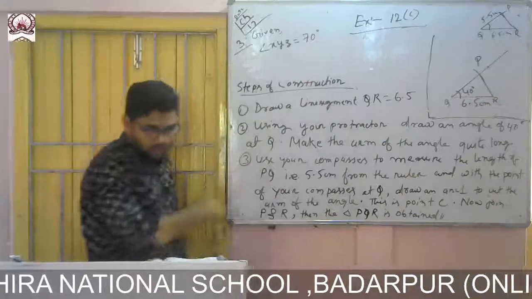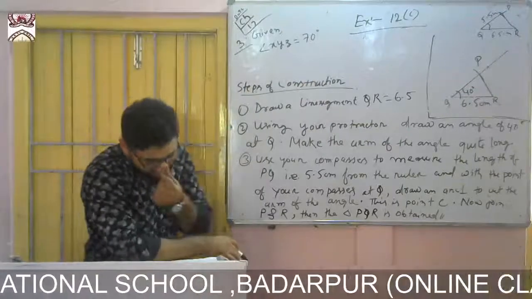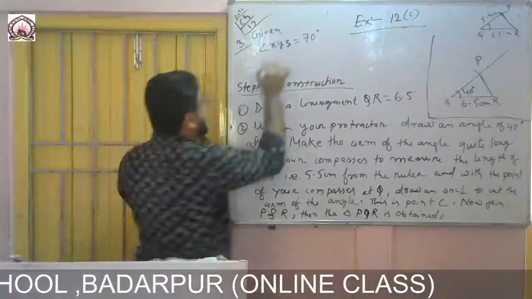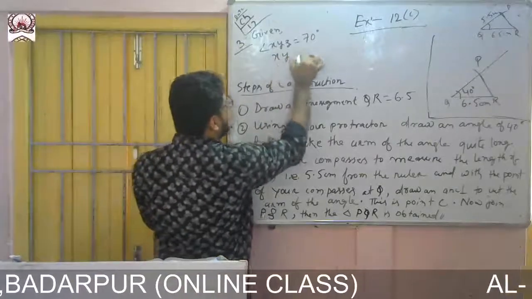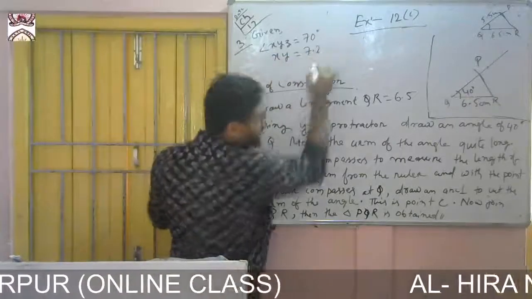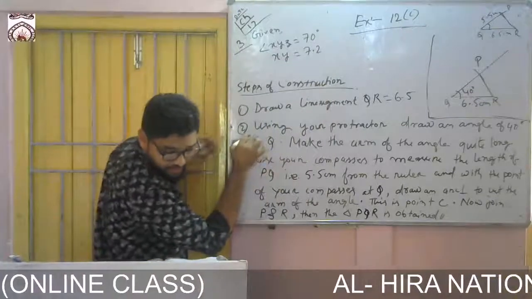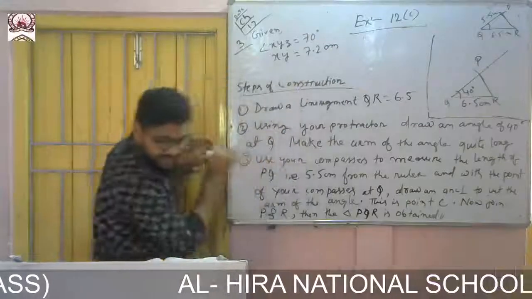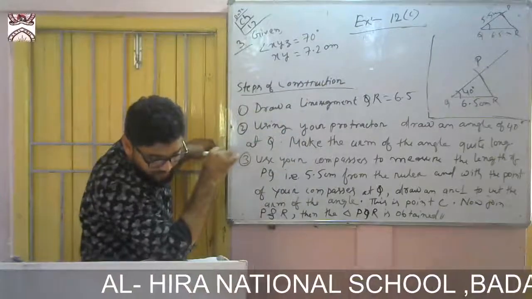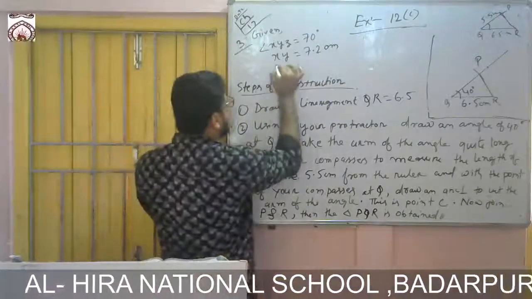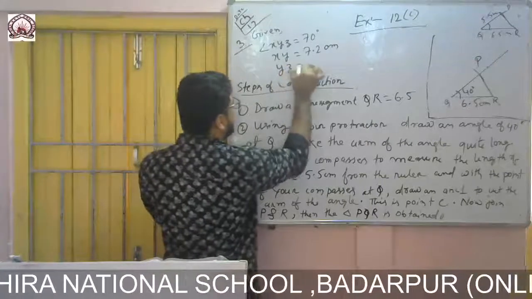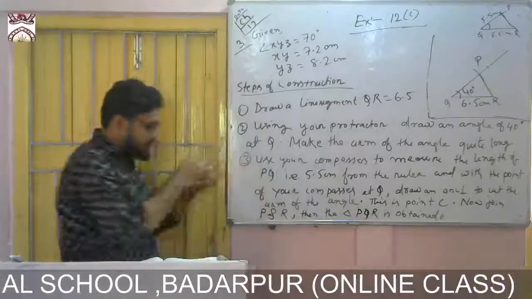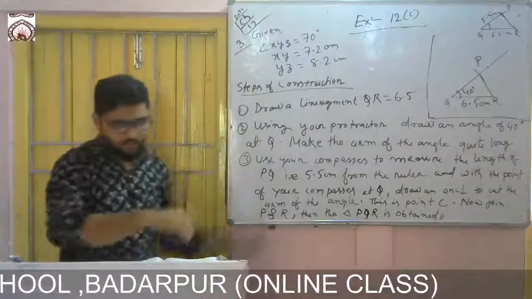Now XY equals 7.2 centimeter. Now YZ equals 8.2 centimeter. Okay, so see the steps of construction.